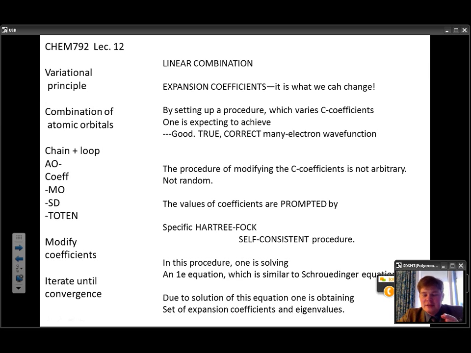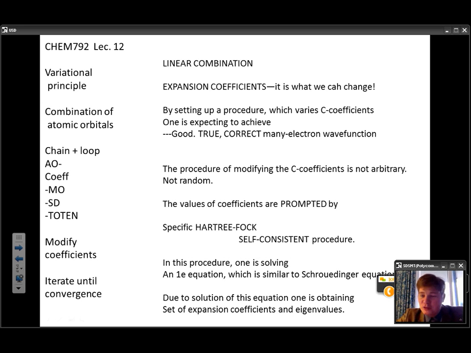Since this procedure is also helping to find the average potential that all but one electrons apply to a single electron, it is called the Hartree-Fock self-consistent procedure. Electrons change, the field is changing, electrons are changing, field is changing, and finally everything converges.